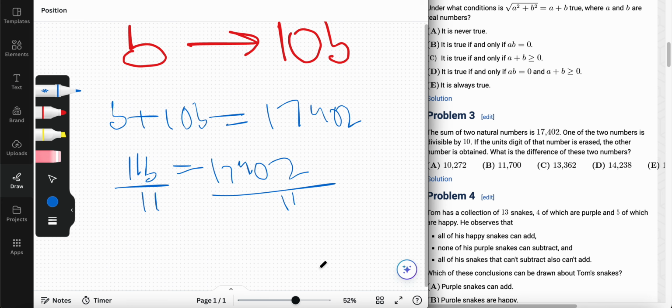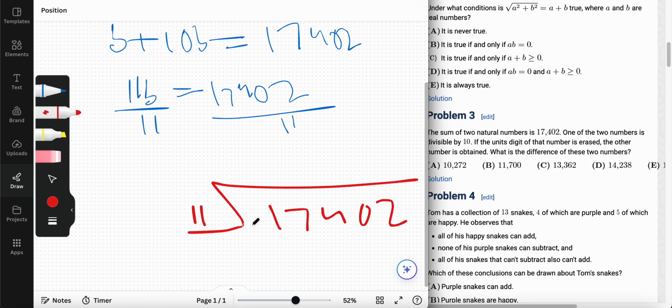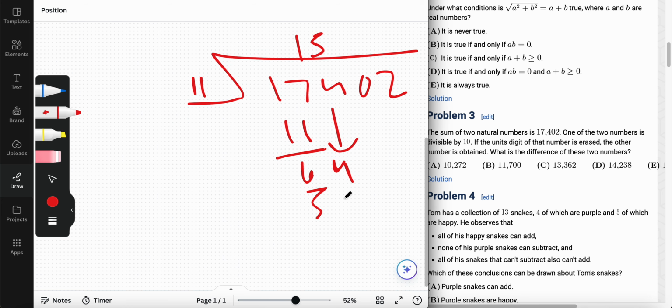So I'll do the division right here. 17402 divided by 11. 11 goes into 17 one time, and then I have 6 left over. 4 comes down. This is 5 times 55.